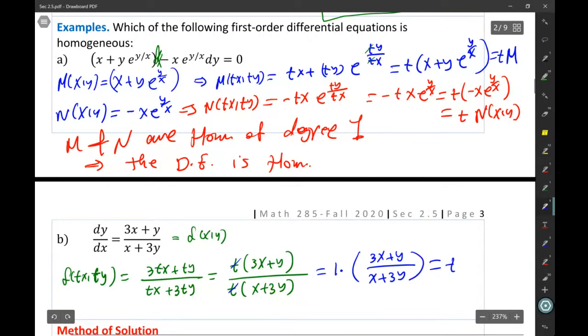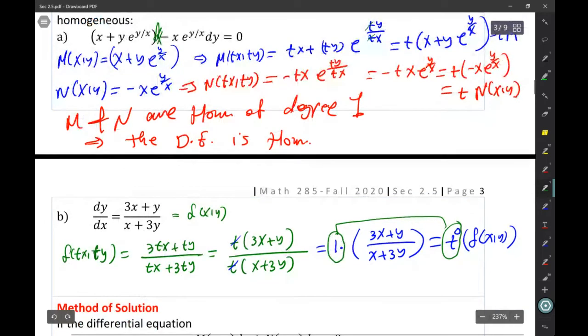The 1 is here t to the power 0, because t divided by t is equal to 1. So the differential equation is homogeneous.